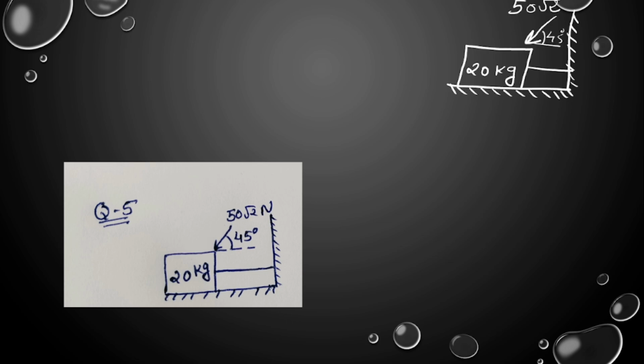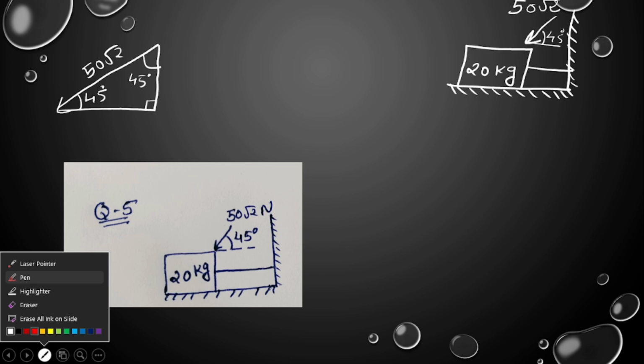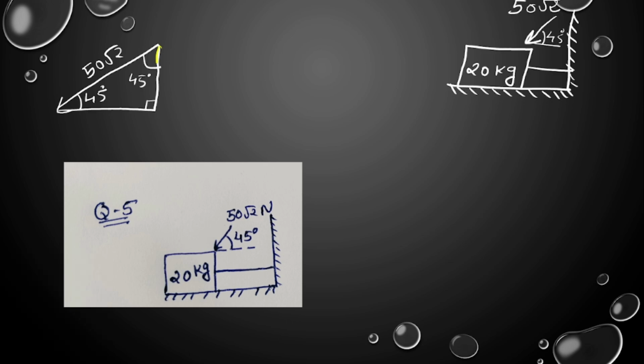Okay, so first of all let us make the components of force. This is 50 root 2, and as we can see this is 45, this will be 90, so this is again 45. To make 50 root 2 we need these two vectors, the first one in this direction and the other one in this direction.